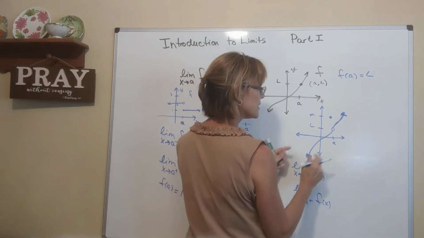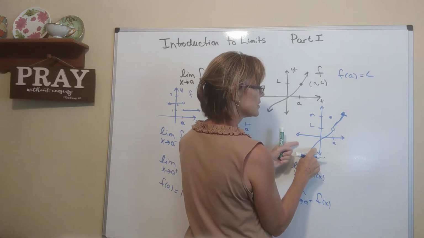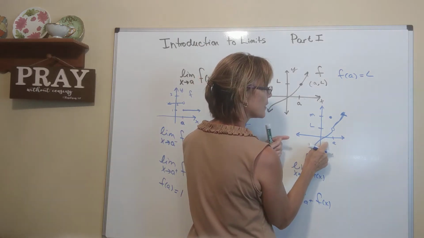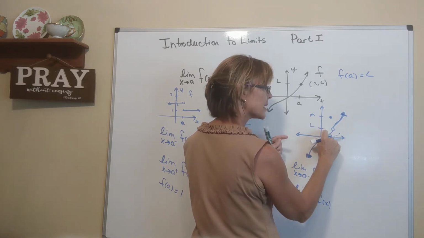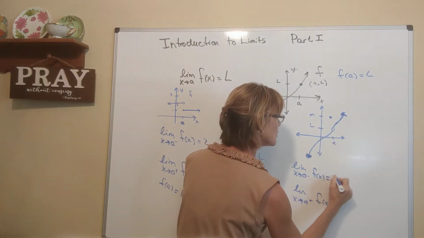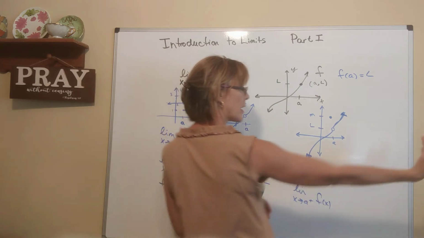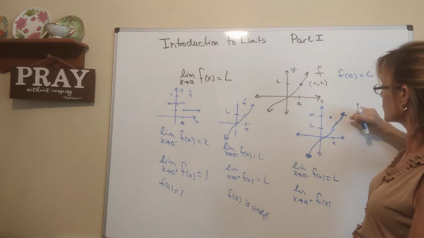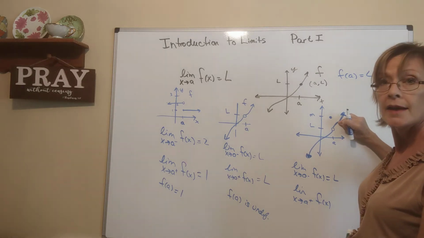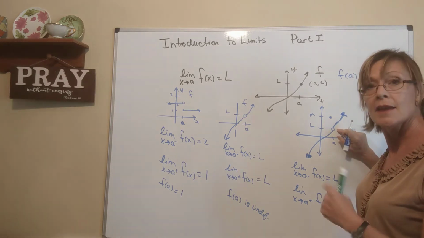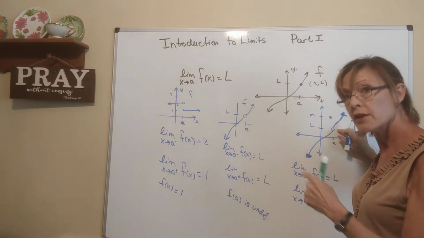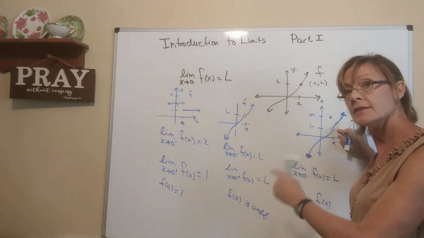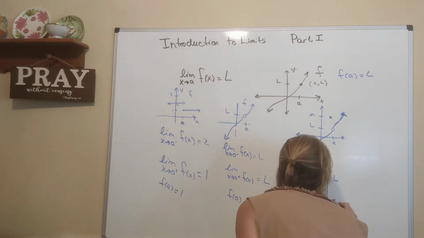As x approaches a from the left on this side, we're getting closer and closer to this point. It looks like it's headed to this y value, which is called L. From the right, we're on this side, we're riding in the curve from here. You get closer and closer to x is a. It looks like it's heading to the same point. So the limiting value as x gets close to a is L.